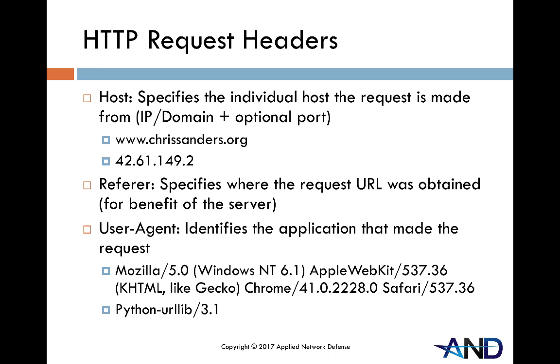So python-urllib, and it looks like this was version 3.1. So user agents are widely variable. There's a lot of them out there. You can use these on the server side if you're a server admin, for instance, to track what distribution of browsers are visiting your website, or what distribution of underlying operating systems are visiting your website, because that information is related to some degree with this as well. So that's pretty helpful from a server side.